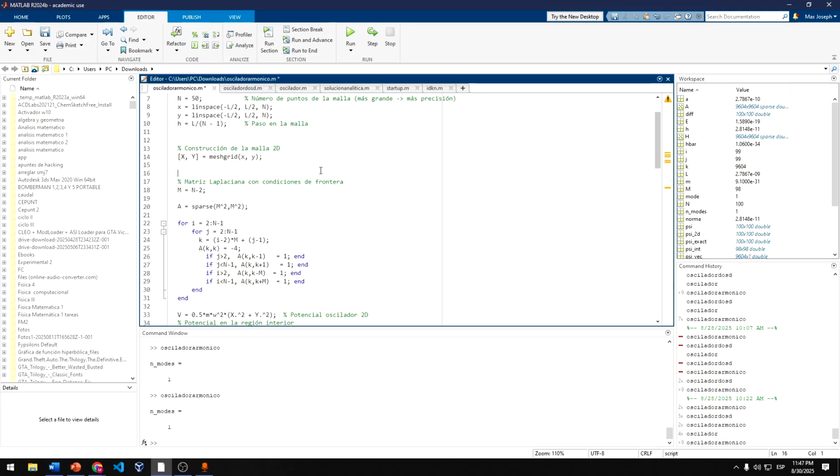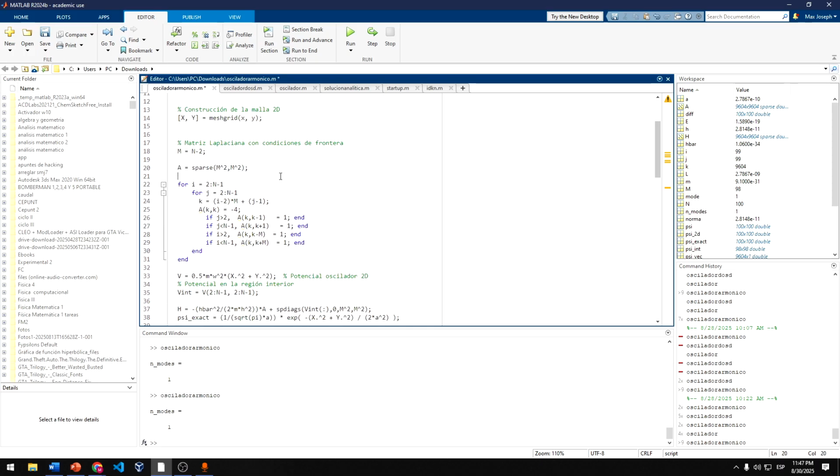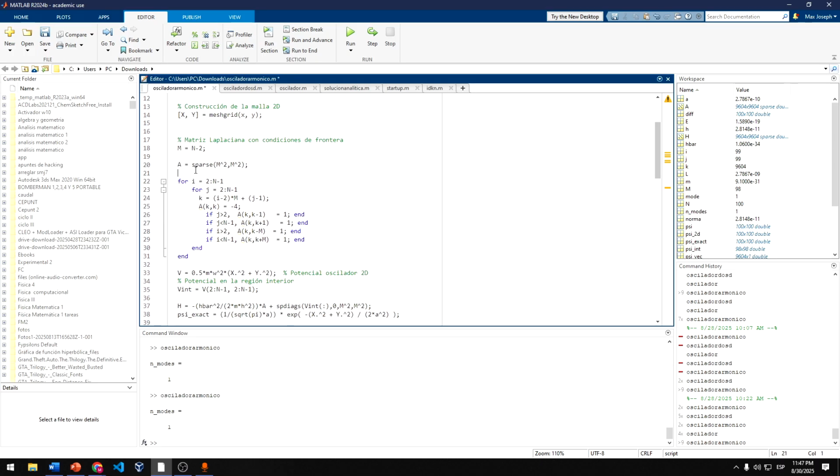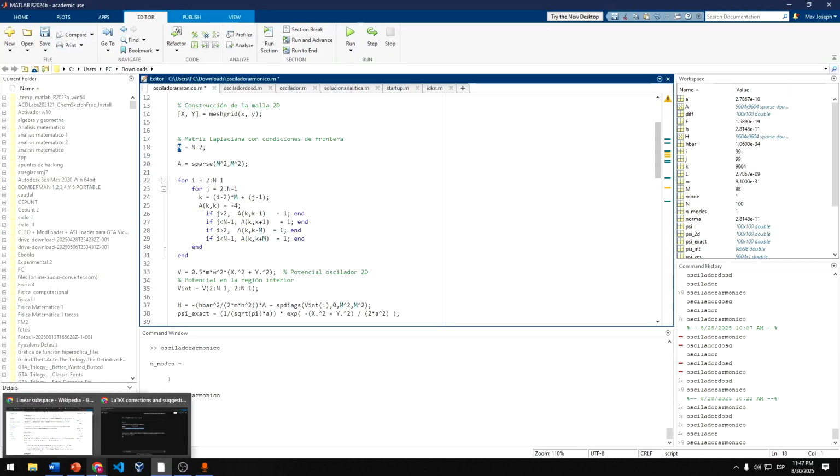Aquí la matriz la relaciona con condiciones de frontera, pues solo estamos definiendo acá los nodos internos, porque los nodos externos, uno exterior a la izquierda y otro a la derecha, vamos a restarlos, en este caso son dos, y también de arriba y abajo. Bueno, acá construimos ya la matriz del operador nabla, hacemos un sparse de m al cuadrado por m al cuadrado, que en este caso, como vimos anteriormente, va a tener esa forma.